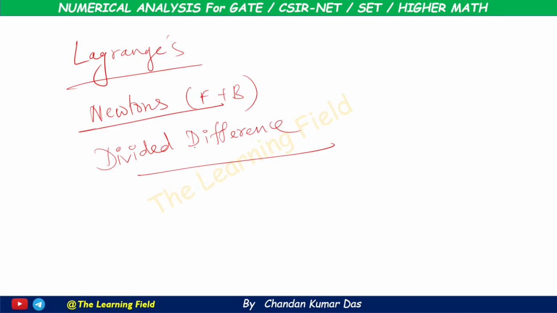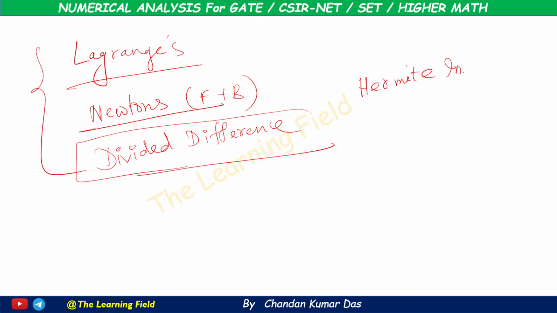So in the next class we discuss the Newton divided difference, and I think there is a question from Hermite interpolation in past GATE or NET papers, in CSIR too. Therefore we also cover the Hermite interpolation, because we always want to be on the safe side.